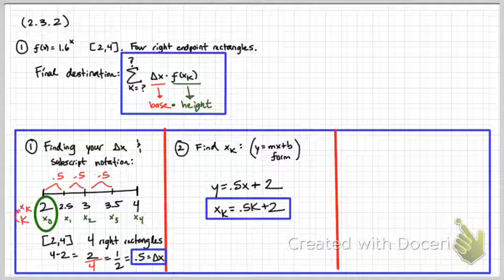So you're moving from your input to your output. In other words, if I plug in 0 to this, I do 0 times 0.5, which is 0, I add 2, I end up getting my 2 value.